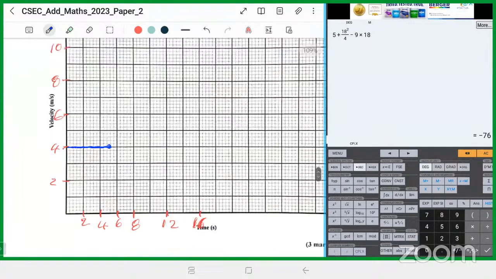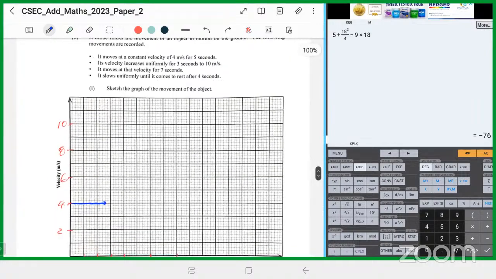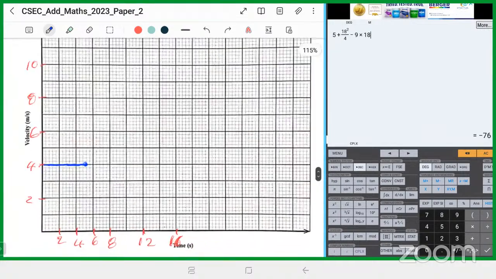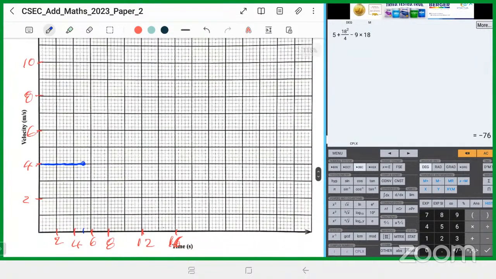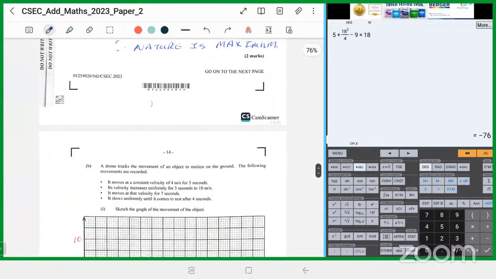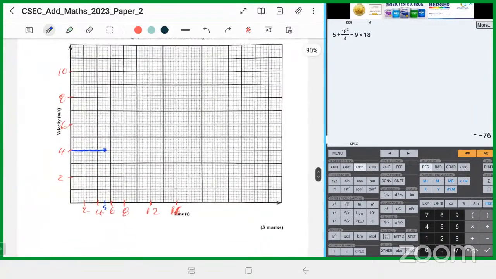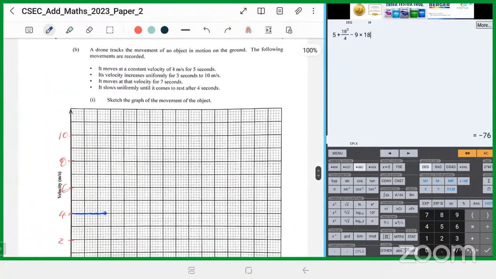All right. This part said it increases speed for 3 seconds to 10 meters per second. So 3 seconds from 5 means that you're reaching 8 seconds, and you're reaching a speed of 10 meters per second.